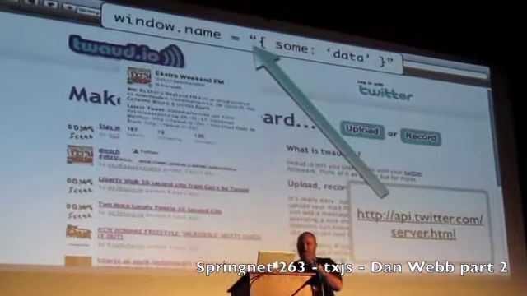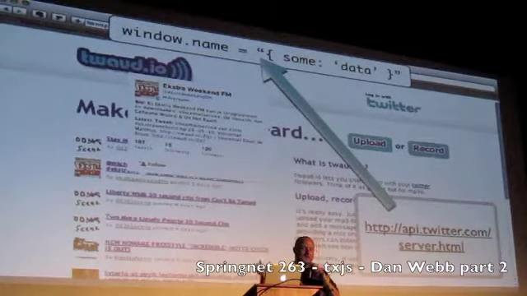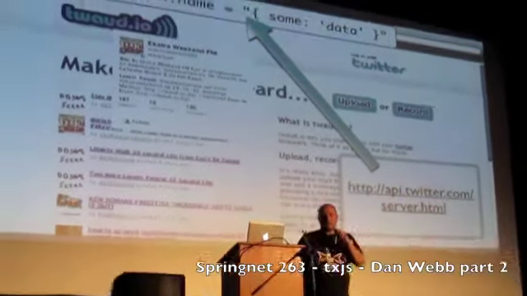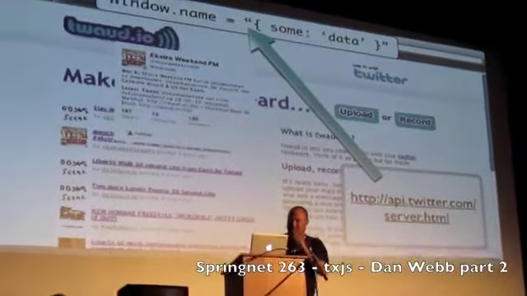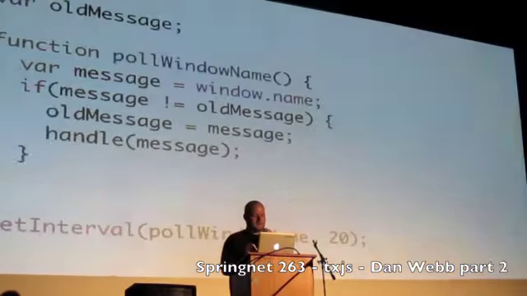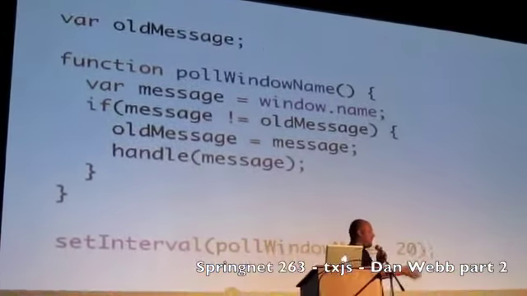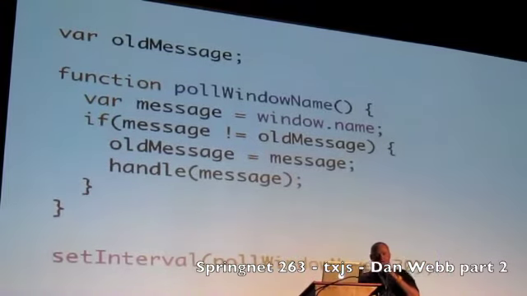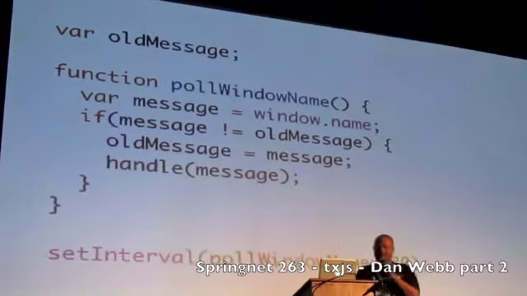So what you do is, in this case, the server iframe sets the main window's name and puts some JSON in it. And then to get that data, the main window can simply poll for changes in that window name, and then take that name and do things with it.